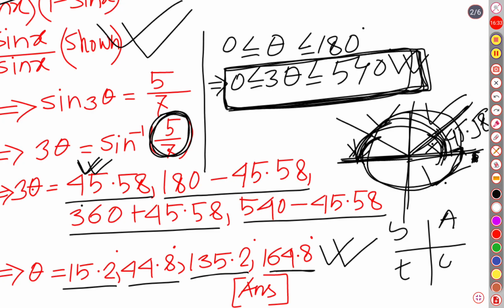So the first quadrant is positive for every ratio. The second quadrant is positive only for sine and cosec. Then the third one is positive for tan and cot, and the fourth quadrant is positive for cos and sec. After that we will decide whether we should move in the anti-clockwise or clockwise direction.